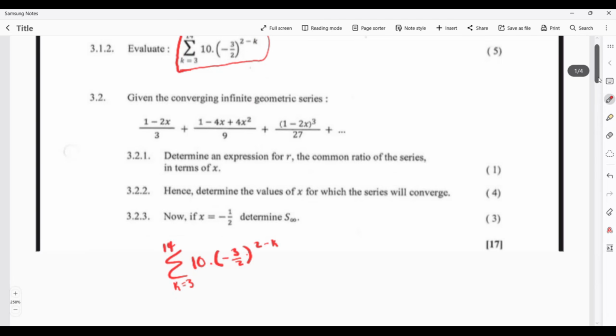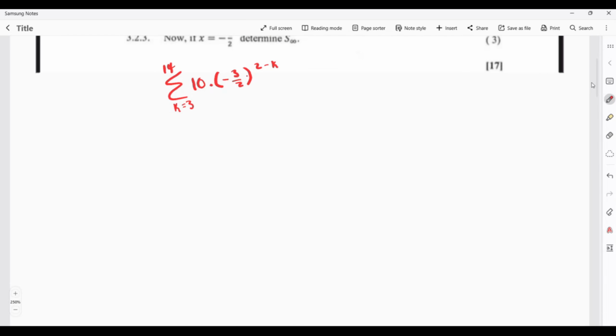So what we're going to do in order to evaluate over here: in this type of question, when you evaluate, you make a sequence. After making a sequence, you find the common ratio or the difference, and then from there you calculate the sum.